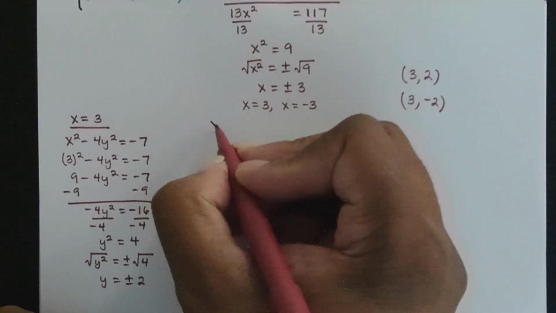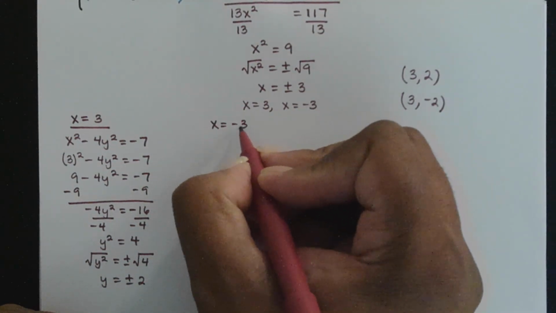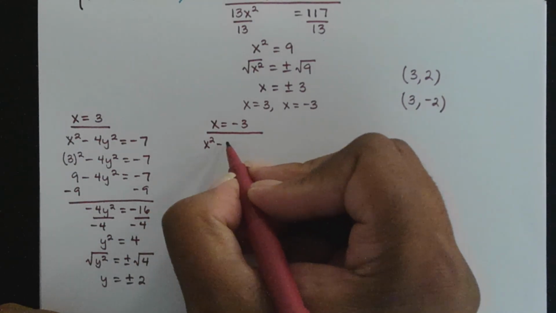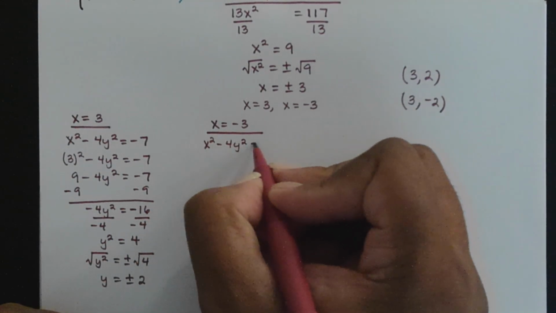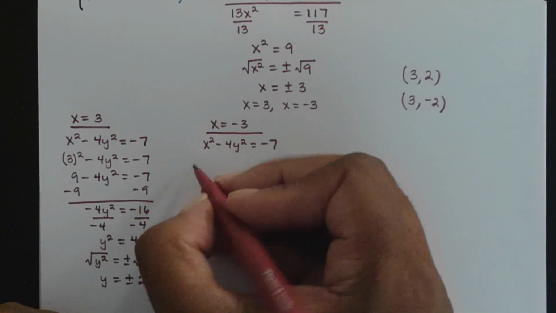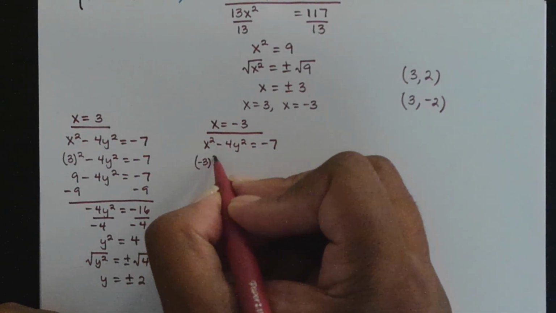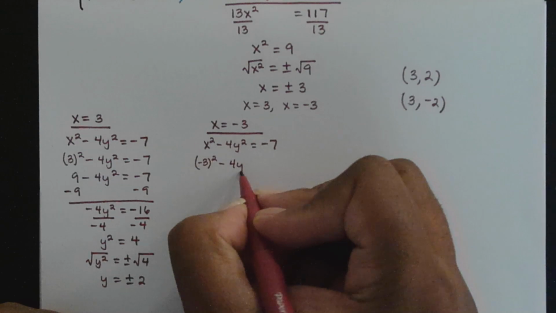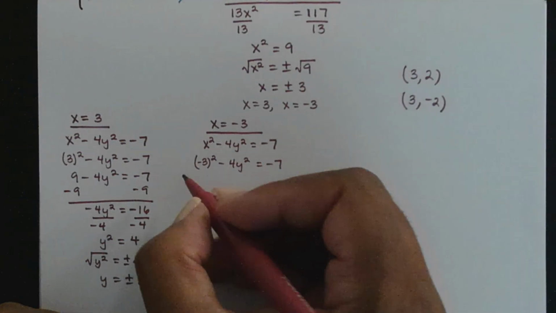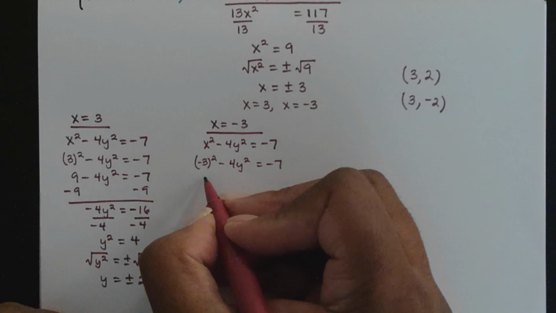Now for x equal negative 3, and I'm still going to use the x squared minus 4y squared equals negative 7. Well, x is negative 3, so it'll be negative 3 squared minus 4y squared is equal to negative 7. Well, what's negative 3 squared? 9.